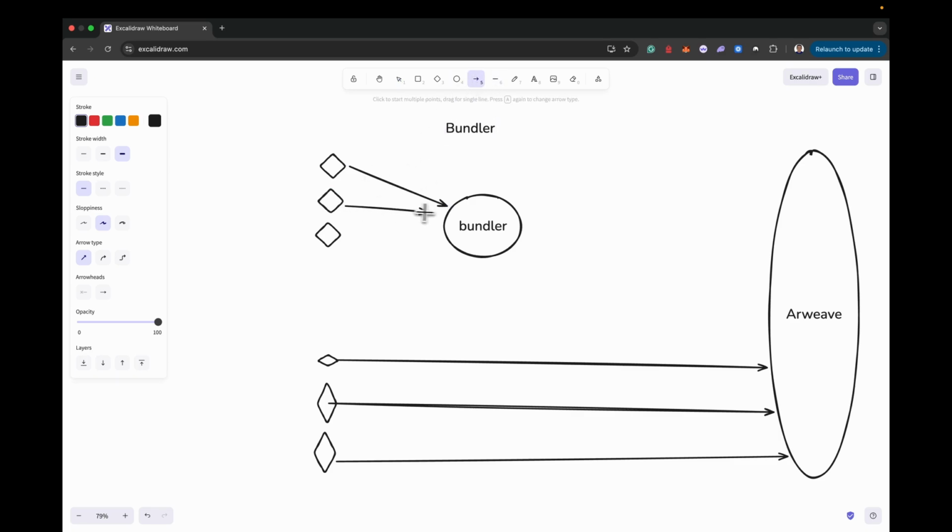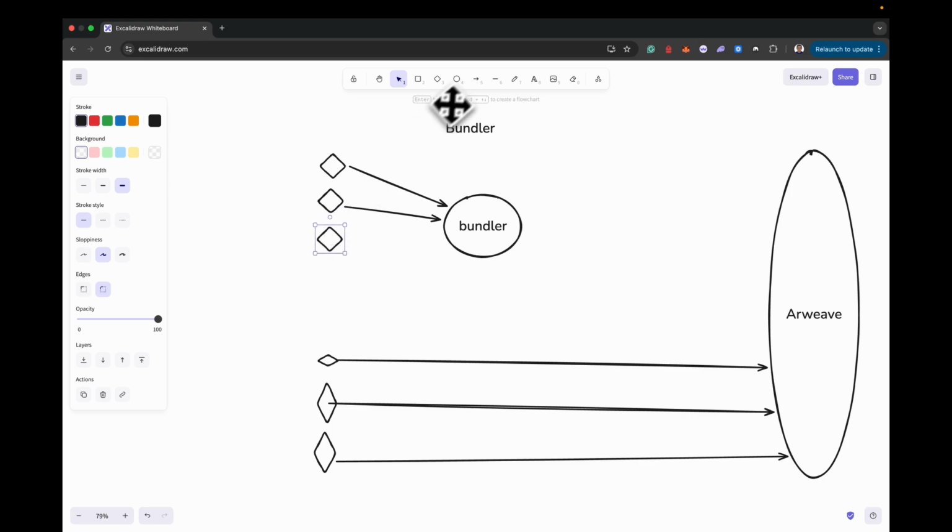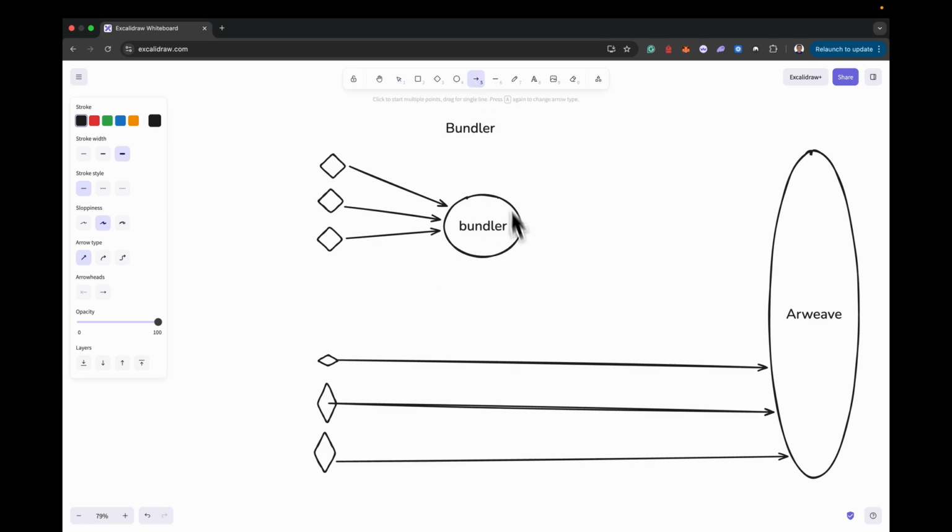All these transactions will be sent to a bundler for bundling. So 1, 2, and 3. And this could be any number of transactions. It could be 100 transactions, 100,000 transactions, or 1,000,000 transactions. They all get bundled together. And then the bundler just uploads, or transmits, one transaction to the base layer.